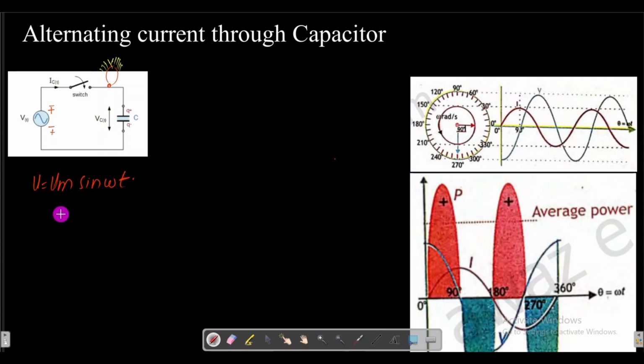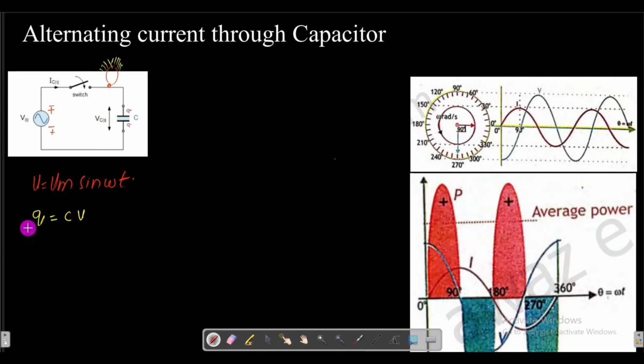It will have some capacitance, and from the formula of capacitance, Q is equal to CV. This is the charge on the plates, this is the potential between the plates, and this is the capacitance of the capacitor.